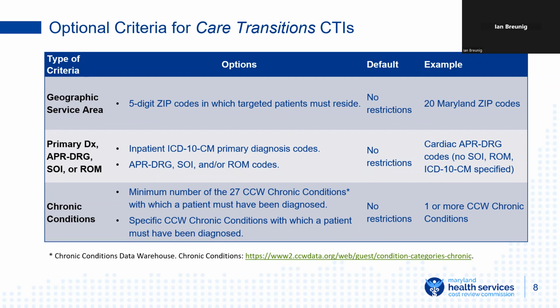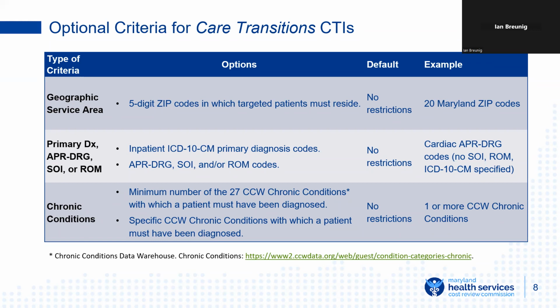I'll also note the criteria for the care transition CTIs are common across most of the CTI thematic areas, but each thematic area's set of criteria is tailored based on context. So other thematic areas might include a CTI-specific criterion that isn't discussed here, or they might exclude one or more of these.